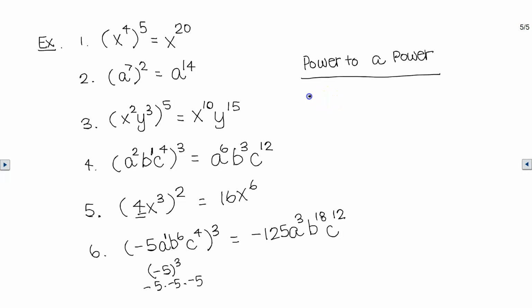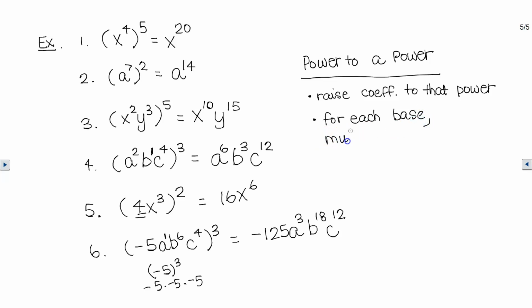What it tells you to do is to raise the coefficient to that power. And then for each base in the problem, multiply exponents.